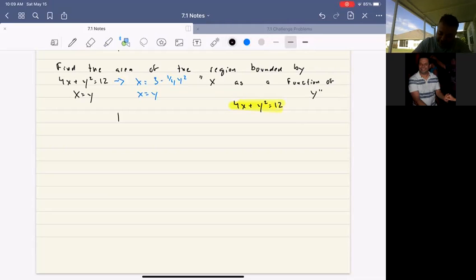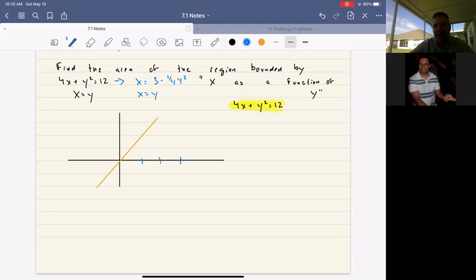You're going to get tired of hearing me say it, and I'm going to get tired of saying it, but I will insist that you graph these things. One of the things I love about doing things on the iPad or something similar is I can do things in different color. I guess I could always do that, but now it's much easier. There's x equals y. X equals 3 minus 1/4 y squared. 1, 2, 3.